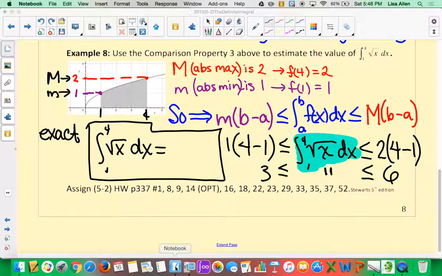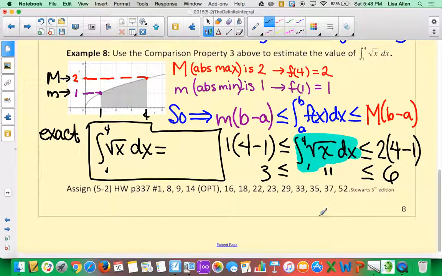So we'll go back to our notes and say 4.6 repeating, and of course it's 4 2/3, which matches the value that we're talking about being between 3 and 6.